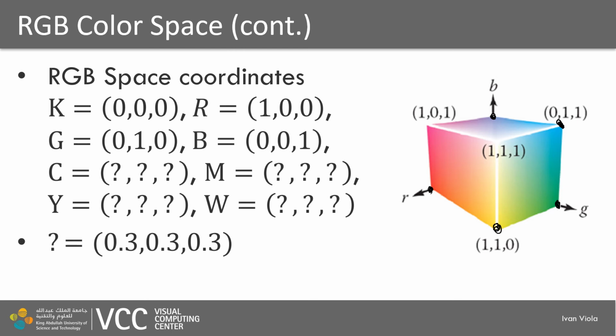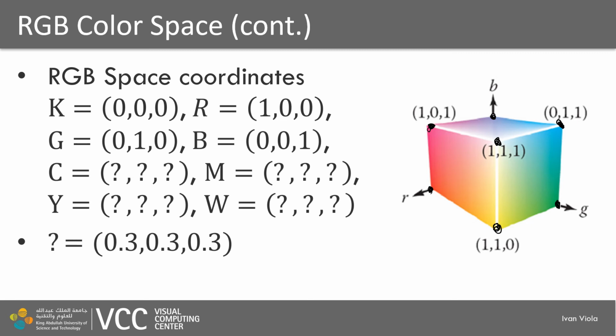And the magenta will be a combination of blue and red, which is this point in our color space. The white will be the value 1, 1, 1, which is positioned at this position. A question: what will be the color which will be indexed with 0.3, 0.3, 0.3?